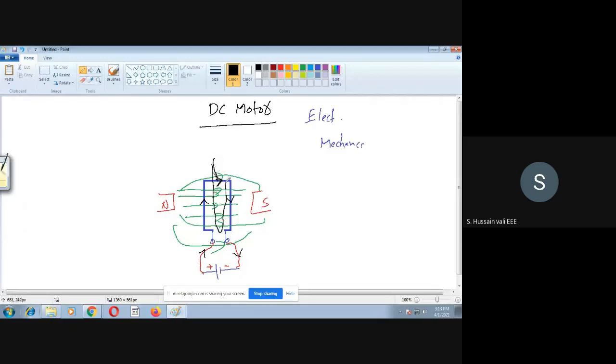On the magnetic core you put the coil. So now I send the current into the coil, and what will happen is that this coil will start rotating.